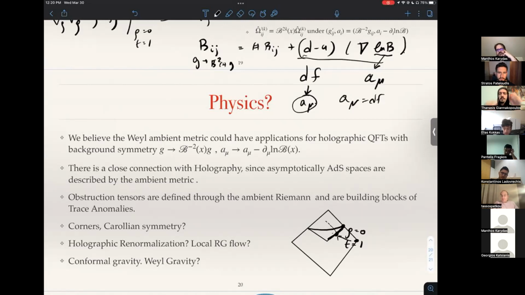So maybe let's put it this way: at least to leading order, introducing the Weyl connection is equivalent to considering Einstein-Maxwell in the bulk, something like that. I don't know, maybe it's not correct, but the difference is that it doesn't seem to have dynamics. It's pure gauge. There is no F squared for this. I think that means something for the boundary fluid, but I don't know.